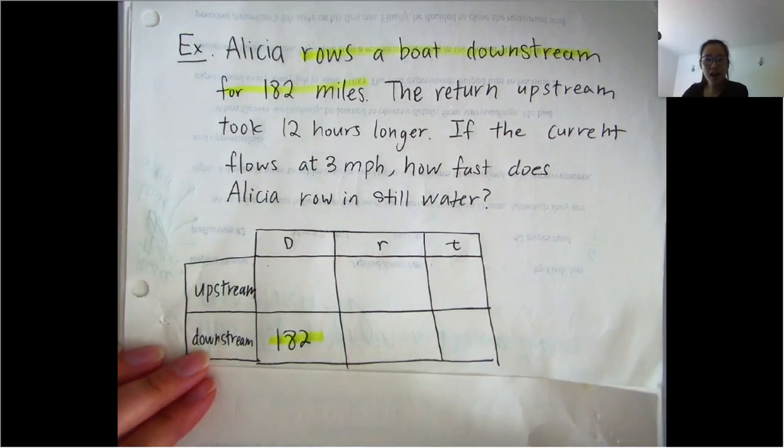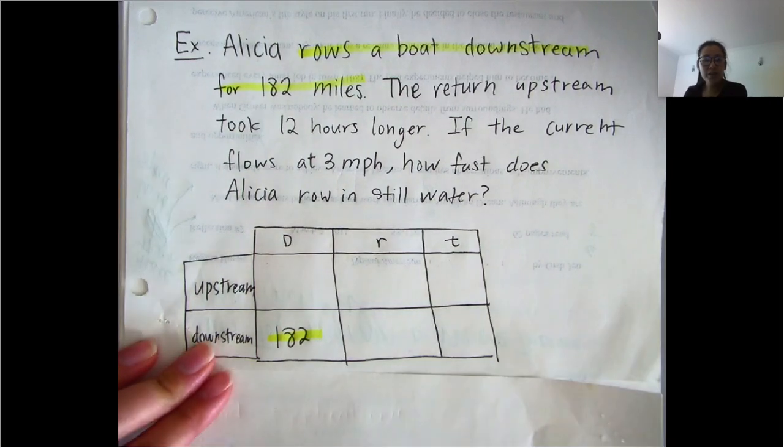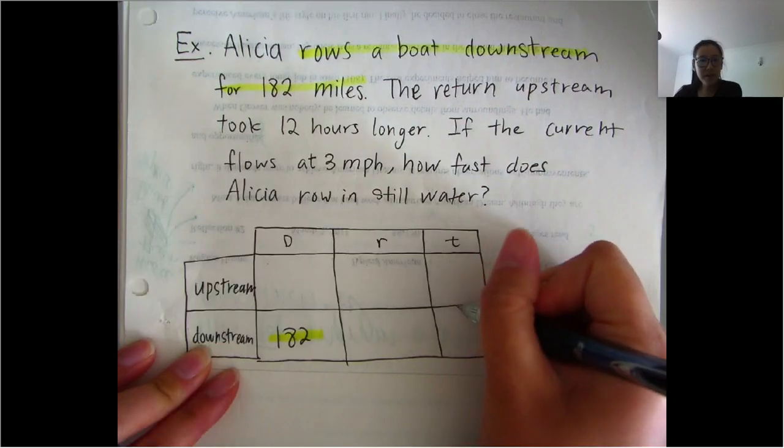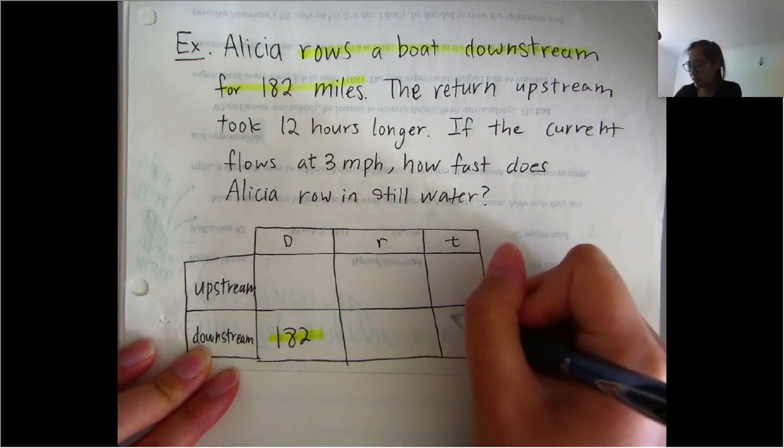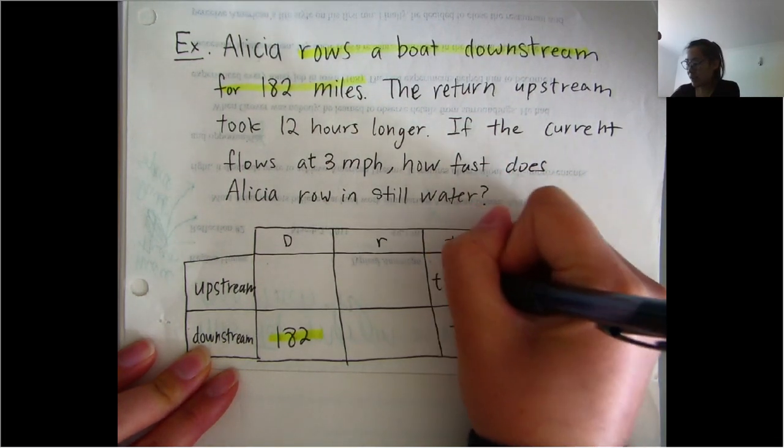The return upstream took 12 hours longer. So we don't know how long the trip took, but we know that the return trip took 12 hours longer. So some amount of time for downstream, let's just say T, and then upstream T plus 12.